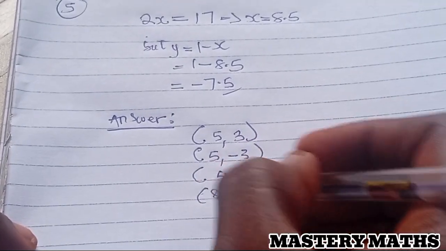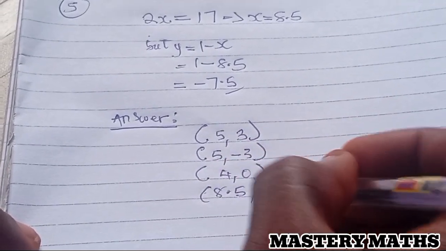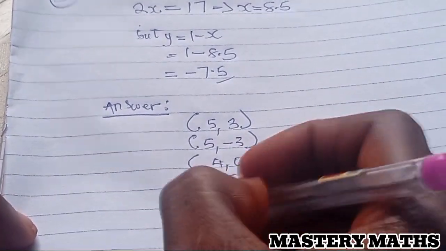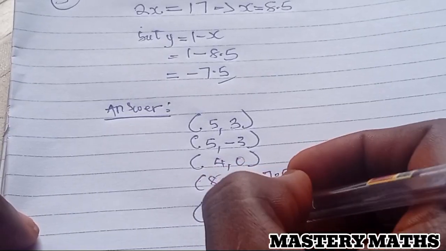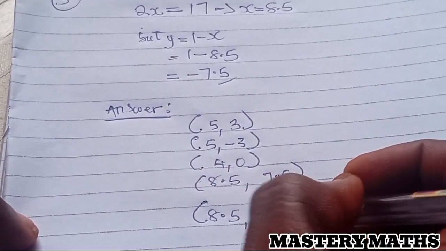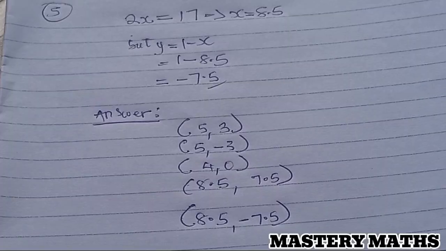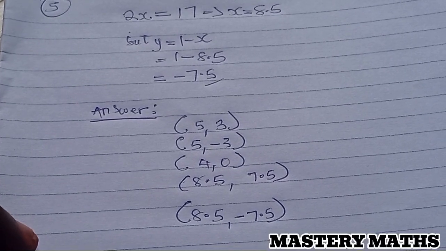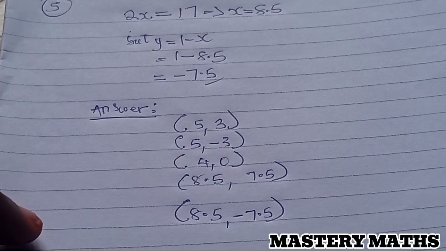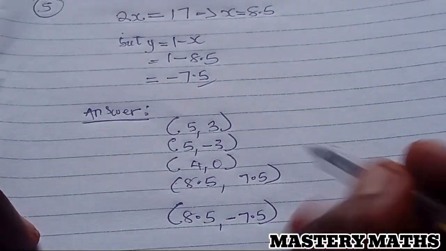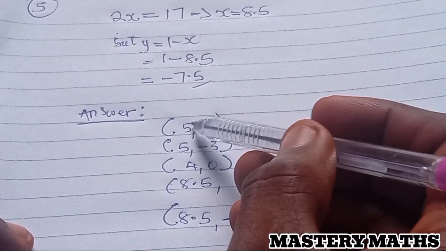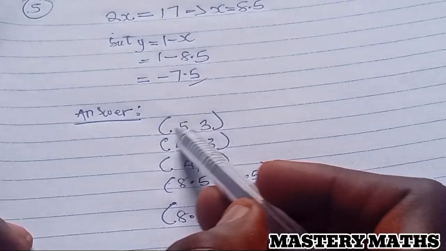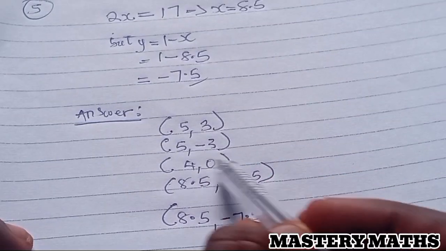The next one we got is 8.5, 7.5. Then we got 8.5, 7.5 again. Now all these are positive, but we use the negative answer we got here to subtract all of this.